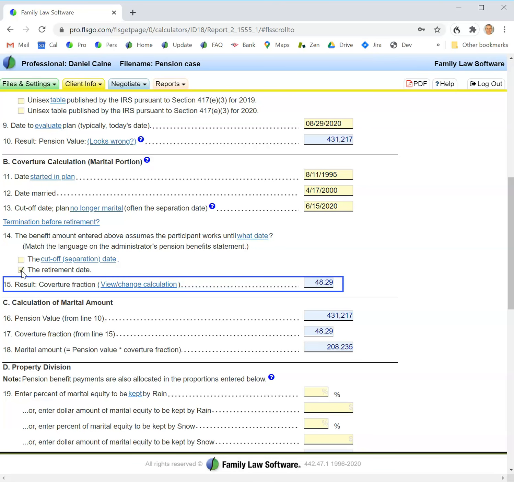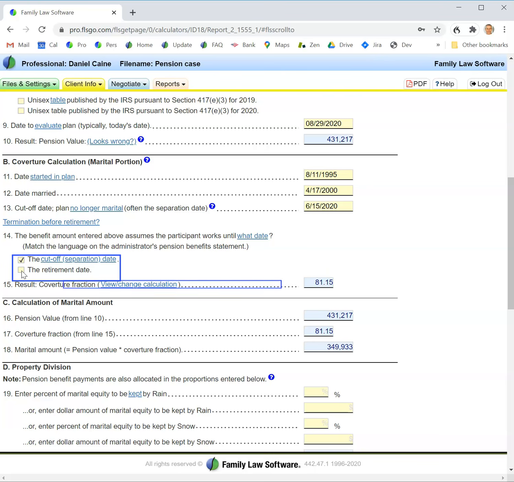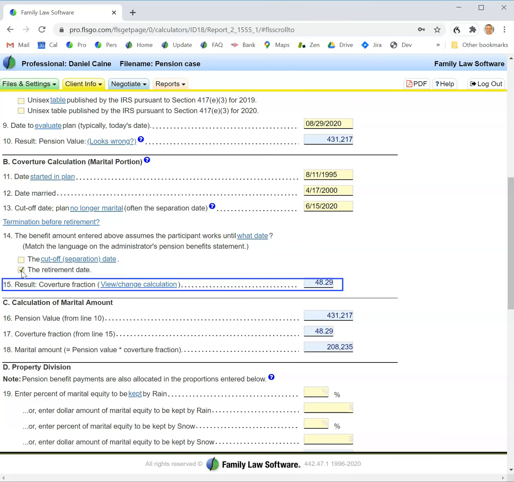Because of all those earning years after the marriage, the coverture fraction went down. Let's see that again. The coverture fraction was 81.15%, but if the benefit amount that we entered assumes that the participant works until the retirement date, there are fewer earning years during the marriage, and so the coverture fraction goes down to 48.29%.